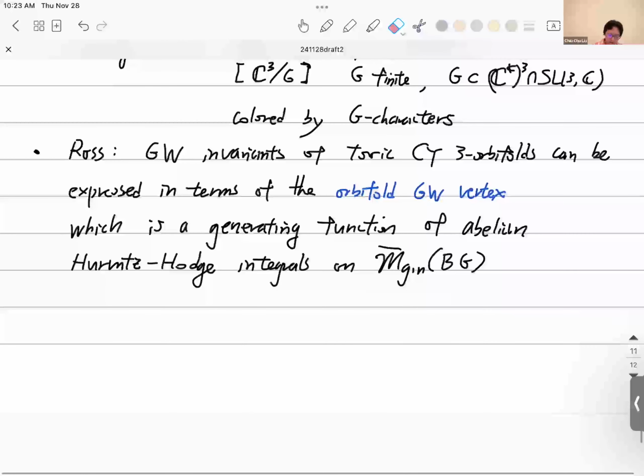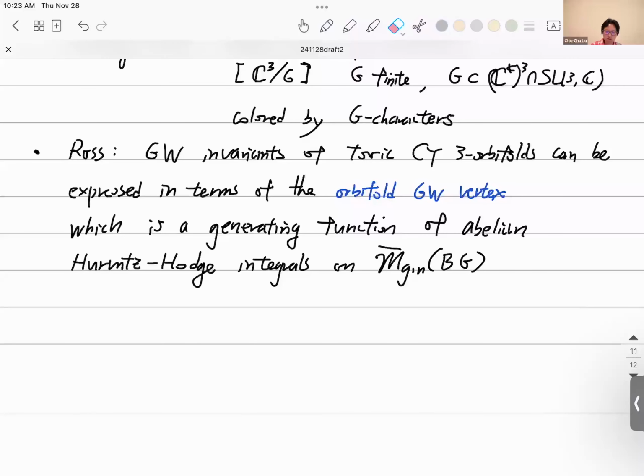Ross showed that Gromov-Witten invariants of toric Calabi-Yau 3-orbifolds can be expressed in terms of the orbifold Gromov-Witten vertex, which is a generating function of abelian Hurwitz-Hodge integrals.